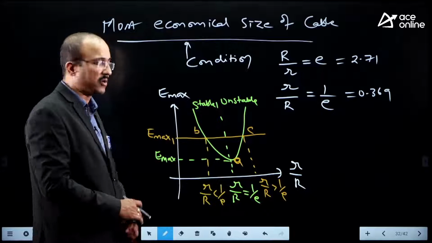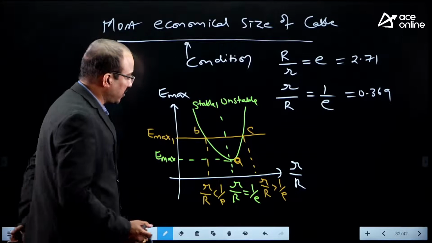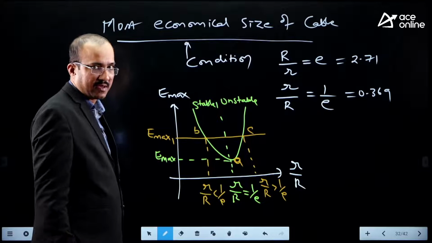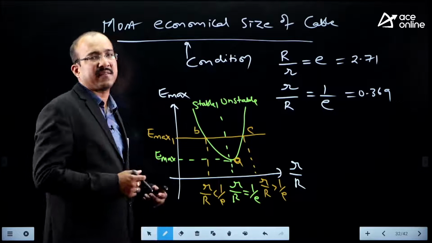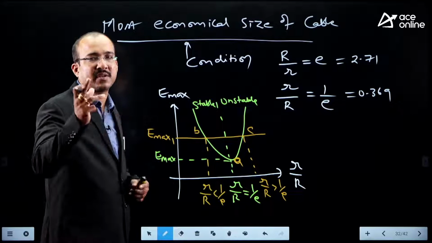At what point do we need to design the cable? Here we need to design the cable to operate at small r by capital R less than 1 by e. Because one of the main reasons for failure of underground cable is the formation of voids.